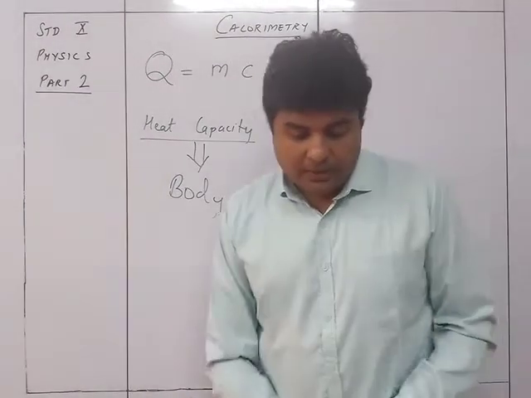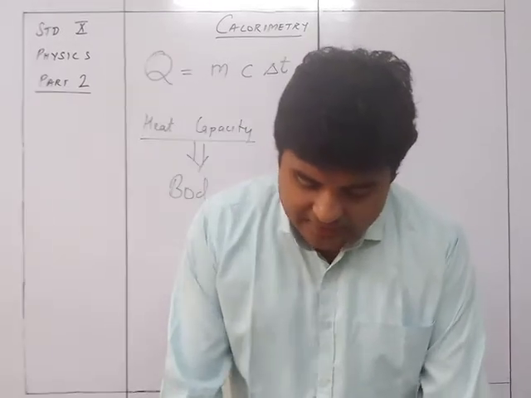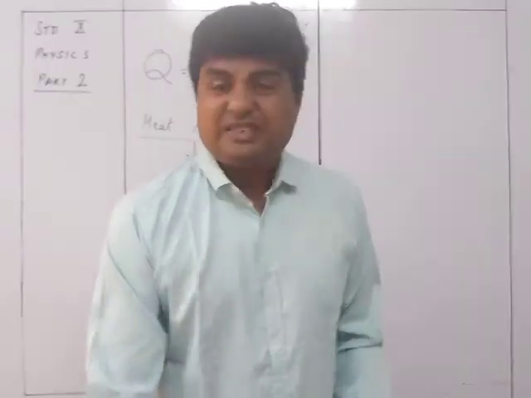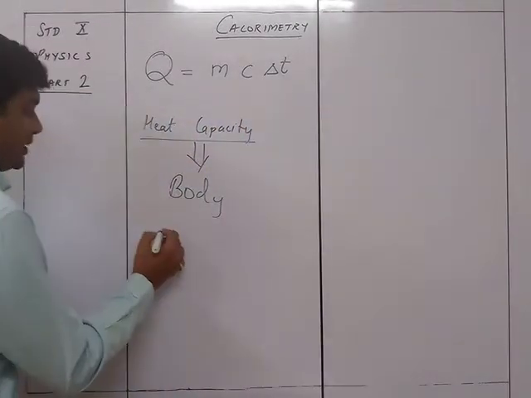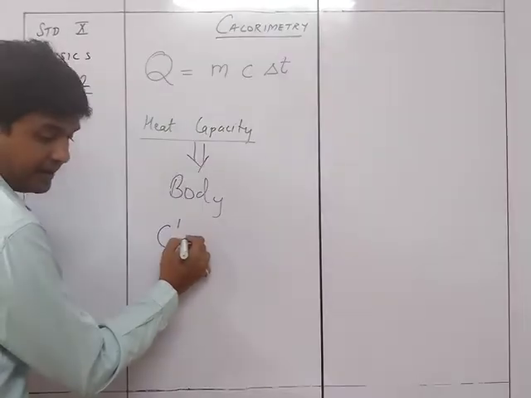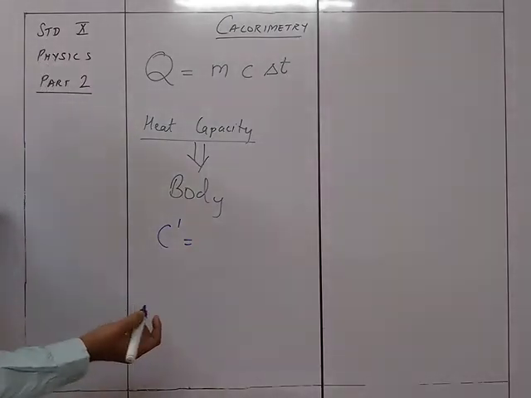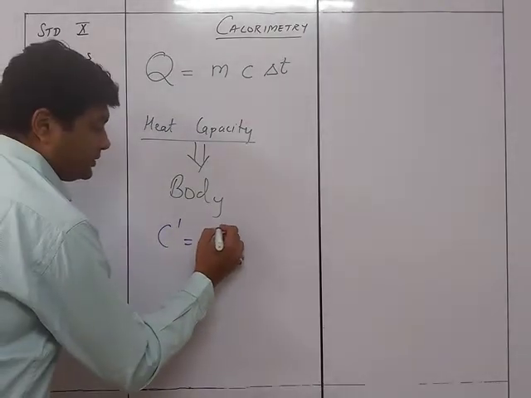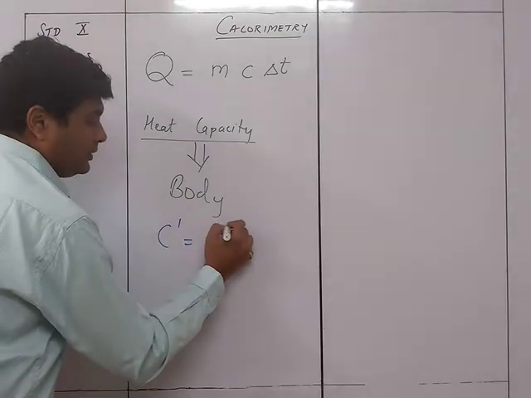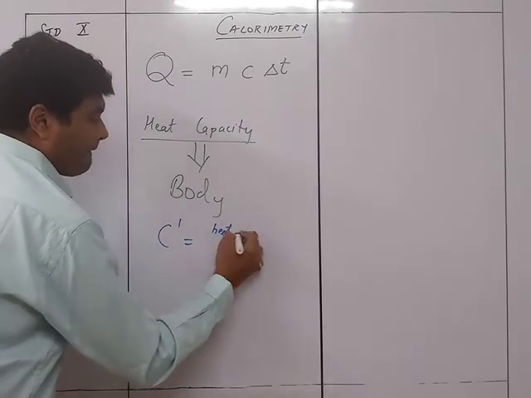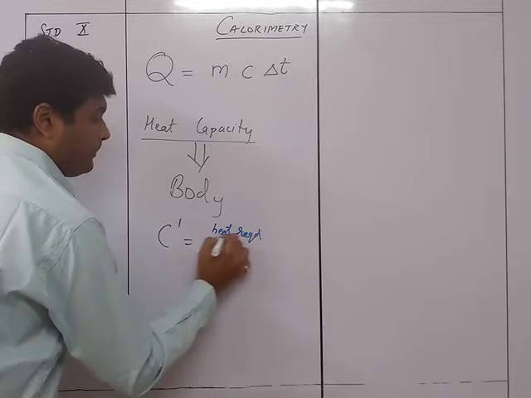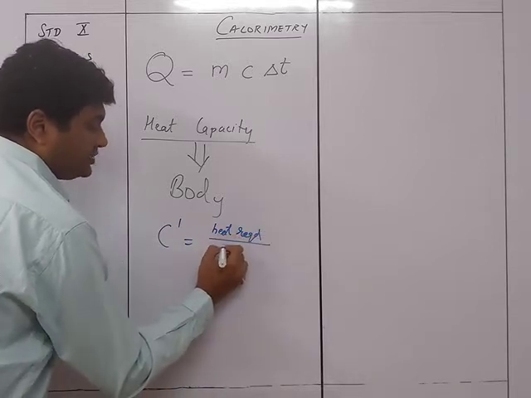The heat capacity of the body is denoted by the letter C dash. It is equal to the amount of heat required upon the change in temperature.